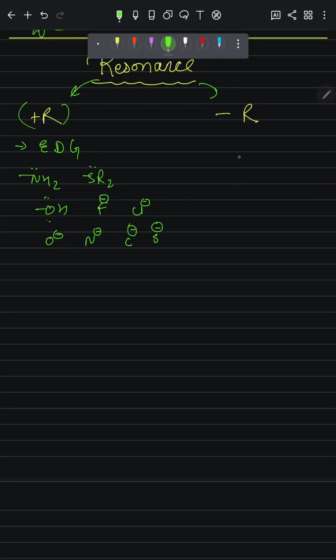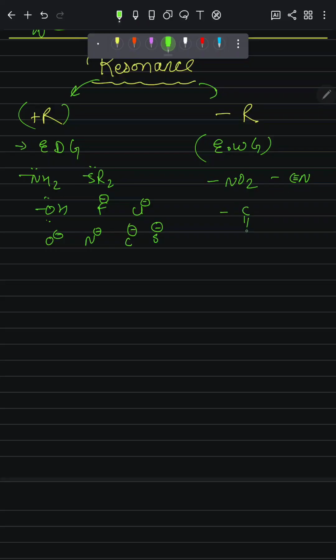And in the minus R group, electron withdrawing groups are present. So electron withdrawing groups such as NO2, which take electron density away from the ring, or the CN group, with its triple bond, which will also take electron density from the ring.